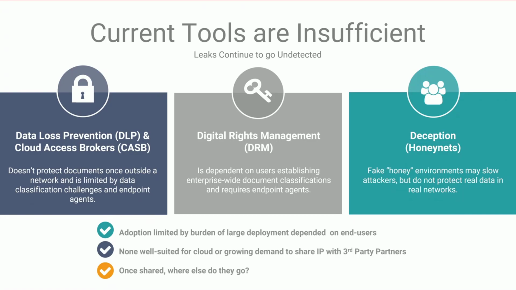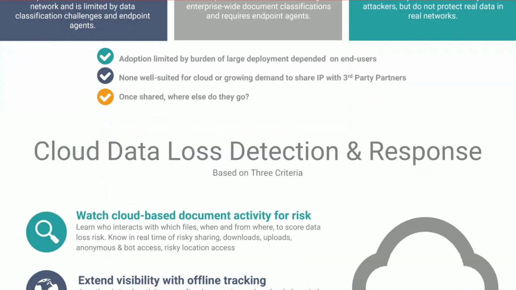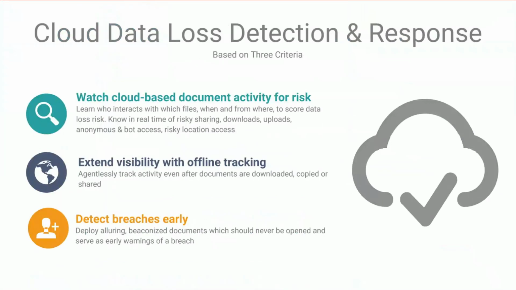We also do something in the deception space. I don't know if any of you have ever tried to deploy honey nets as a technology to protect a client. It's a pretty involved process. So we're trying to go for something simpler, where we integrate with Office 365 and watch documents very carefully. We track everything going on with them, and we assess them for risk. We also have unique patented technology where we can beaconize files and watch them even after they've been downloaded, taken off network and opened remotely.